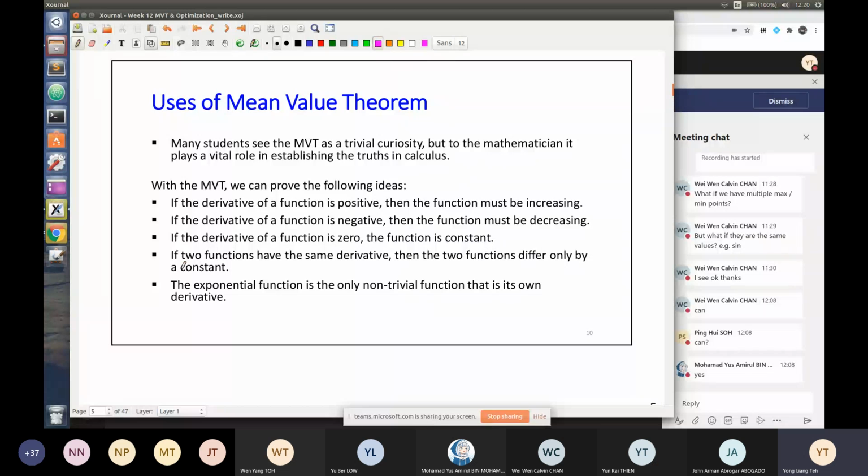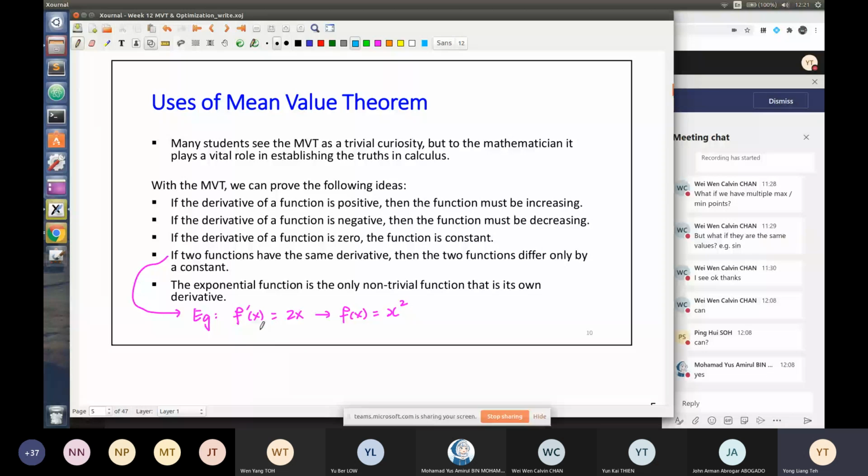Let me give an example. If f prime of x is, let's say, 2x, what can f be? It's possible that f of x is x squared. If you differentiate x squared, you get 2x. But is that the only choice?